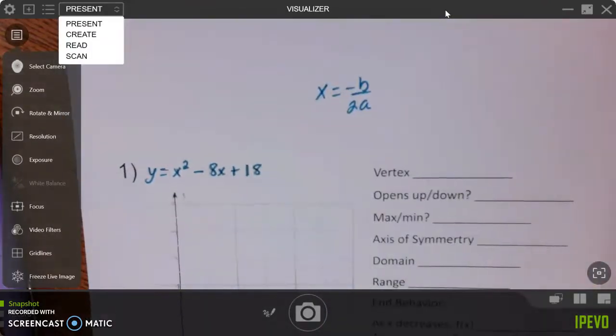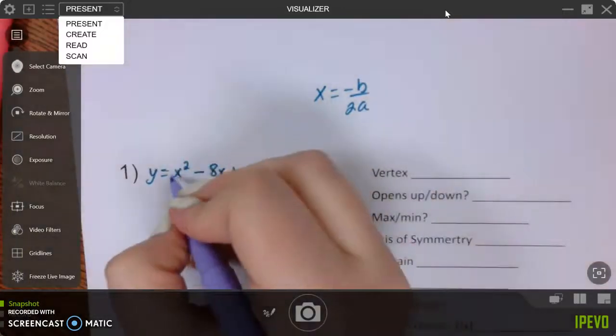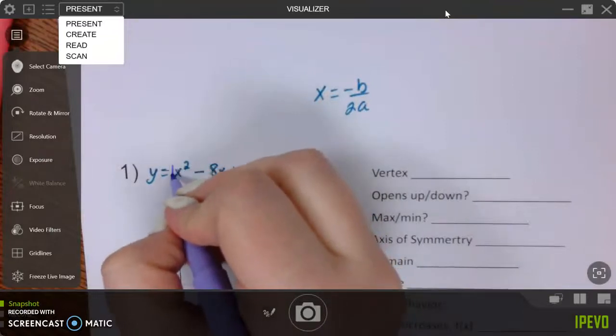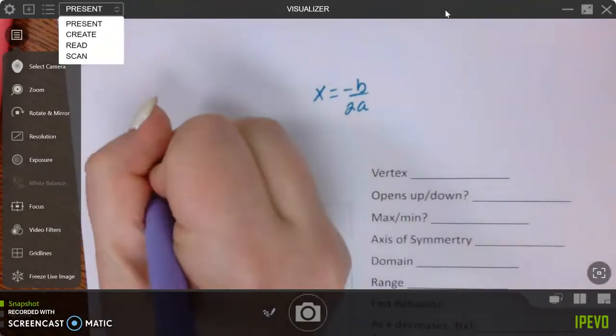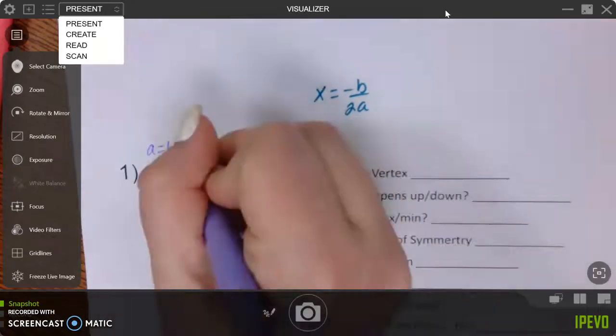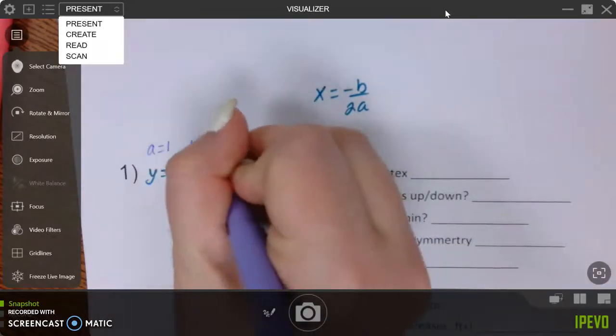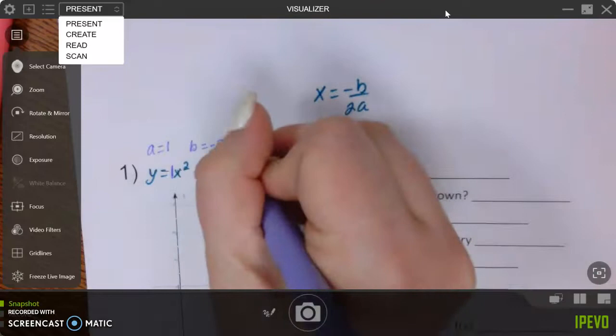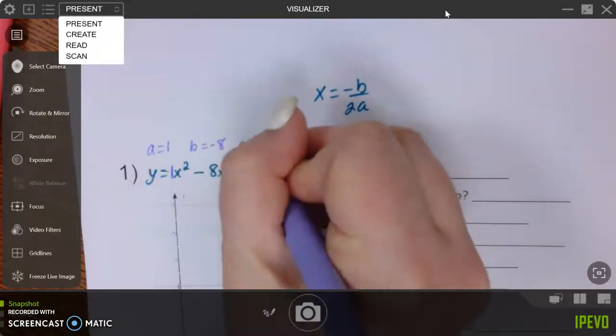But you need to know what a and b are. So you have to look at this equation. A is going to be 1. There's technically a 1 there. B is going to be negative 8. And c is going to be 18.